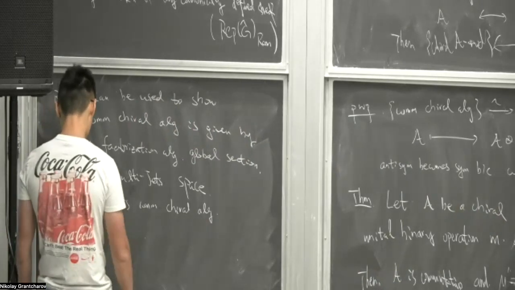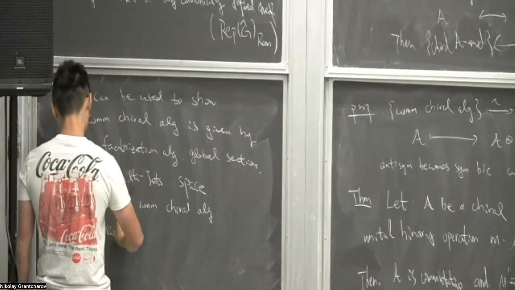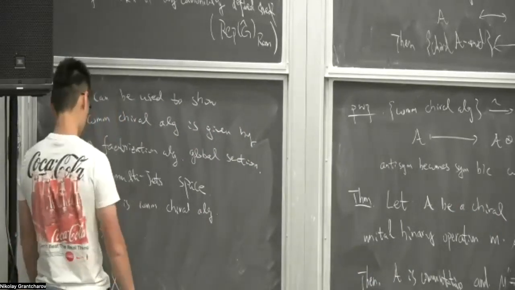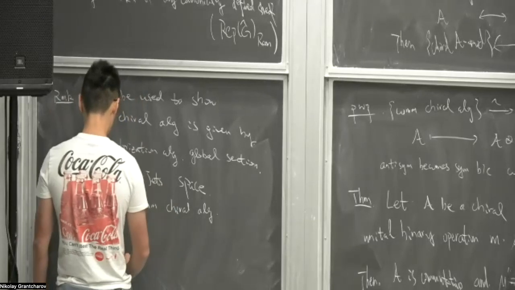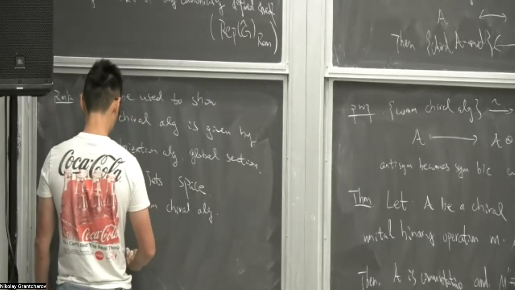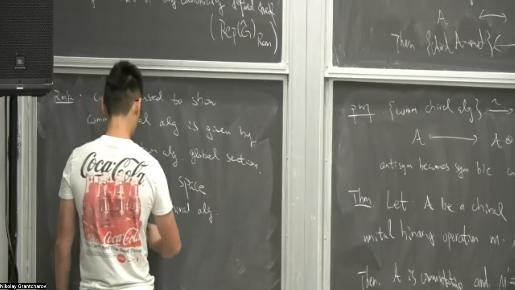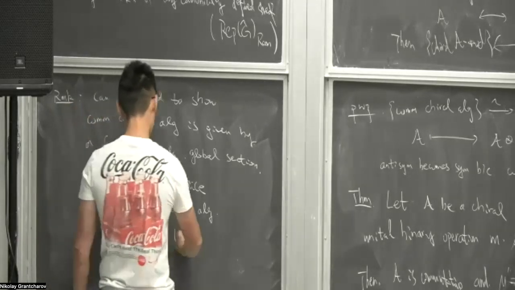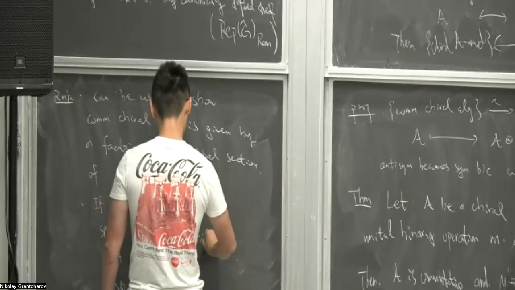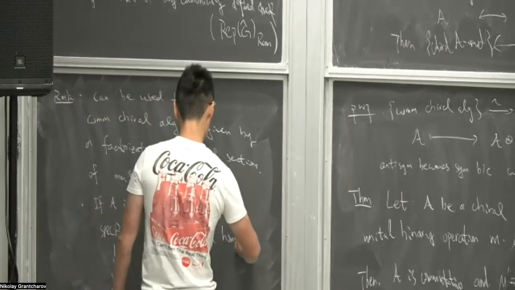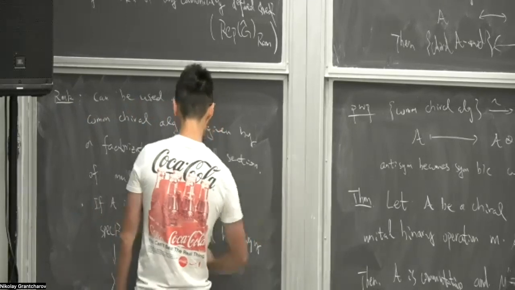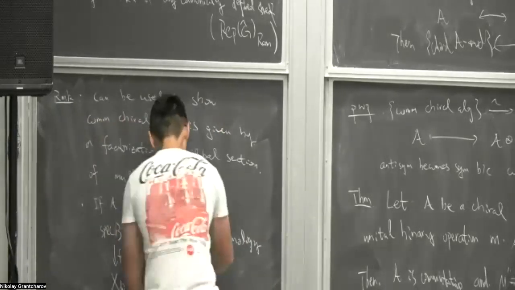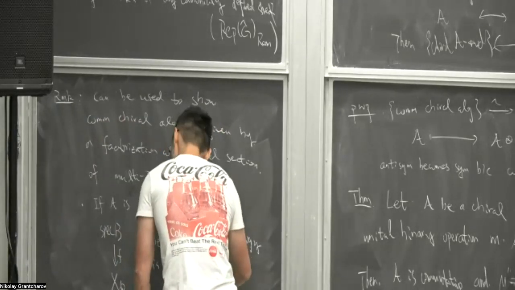Namely, I think you would have a stack of these, then the chiral homology is the derived global section of the section space of the map.